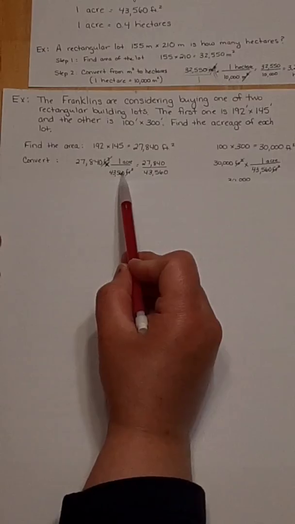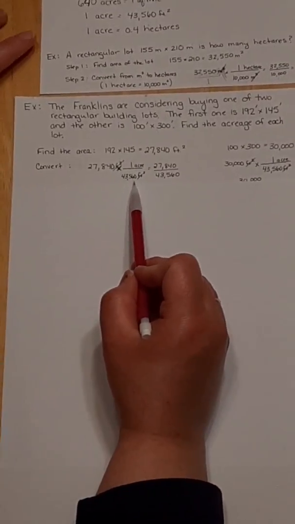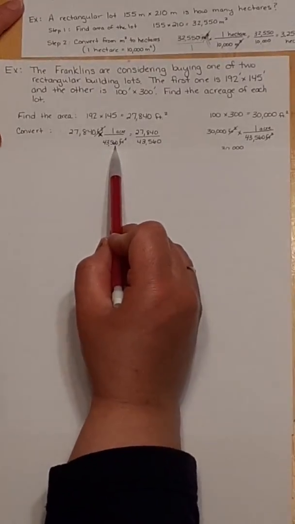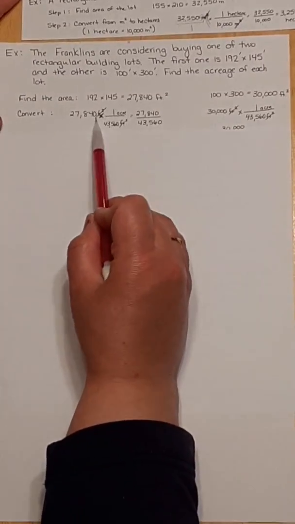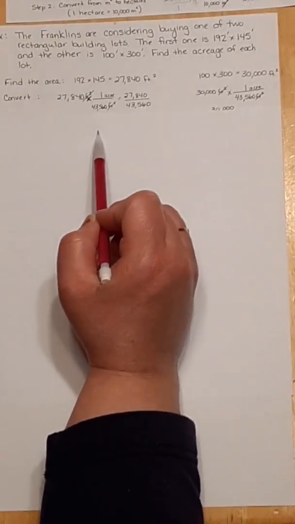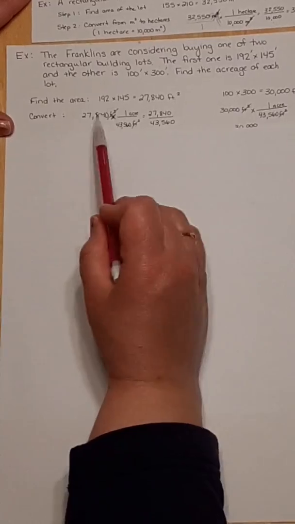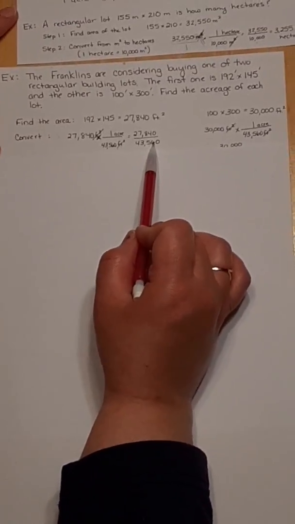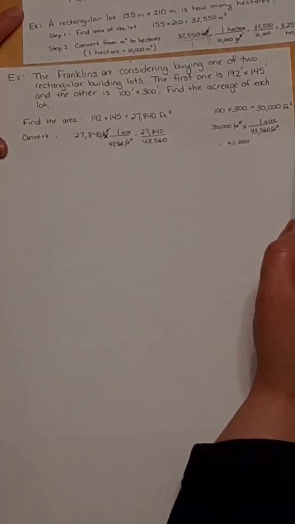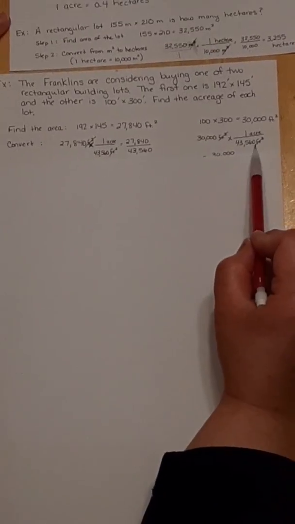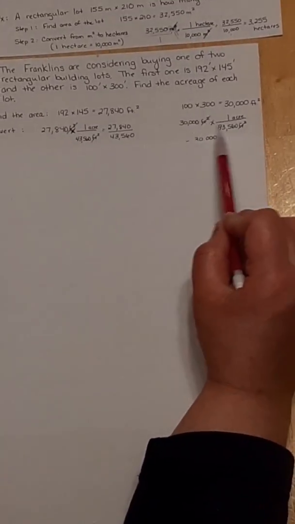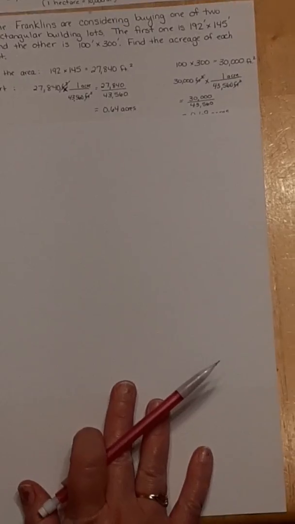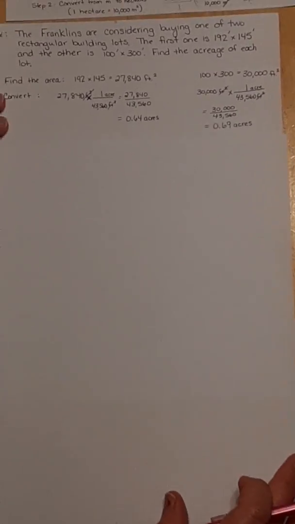So I'm going to use that conversion factor, and I'm going to put the 43,560 feet squared in the bottom so that my feet can cancel each other out. The 1 acre goes on top, multiply them together, and I end up with that. Same thing over here. I'm going to do the conversion factor, my feet squared cancel each other out, multiply it, and then I divide.